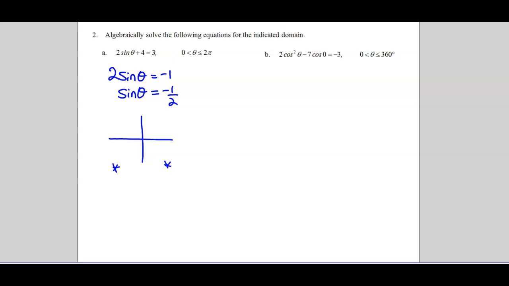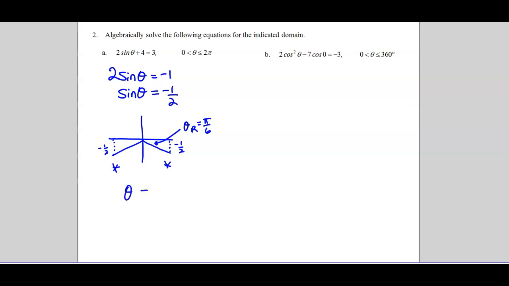So that's going to have a reference angle of pi over 6. Remember, we're dealing in radians, so it's going to be there and there. Okay. So this is pi over 6, the reference.